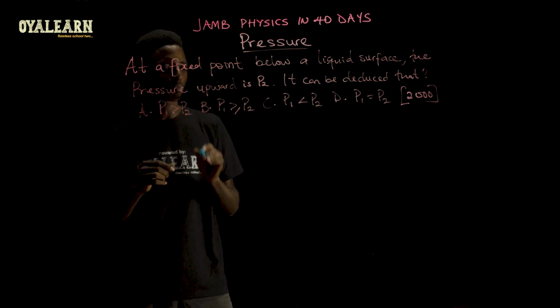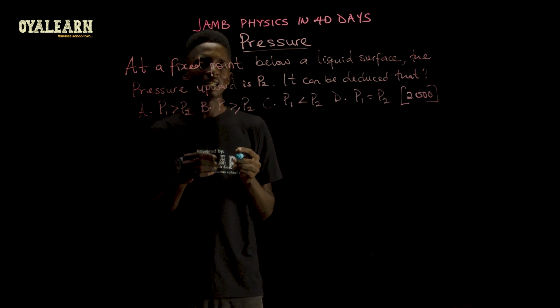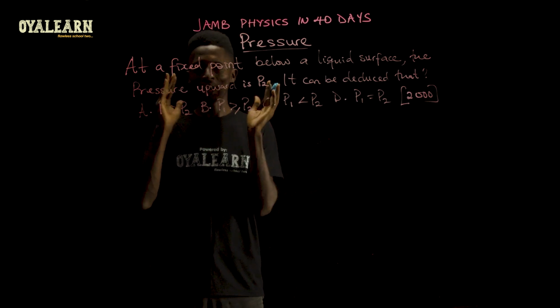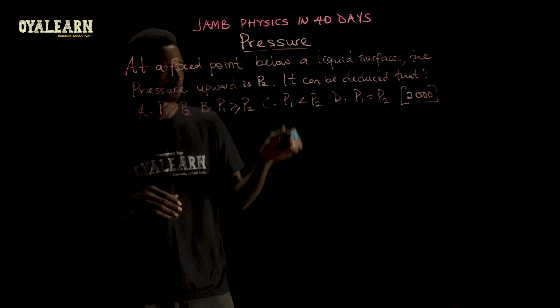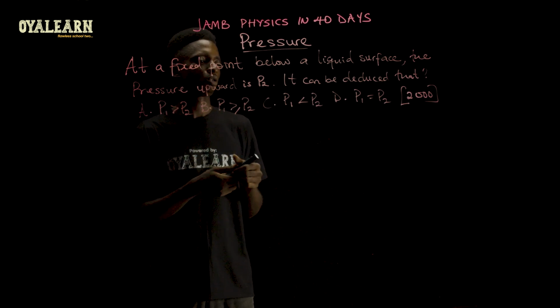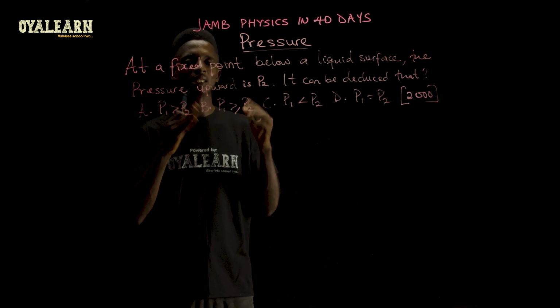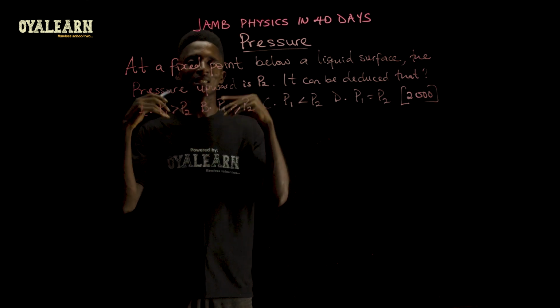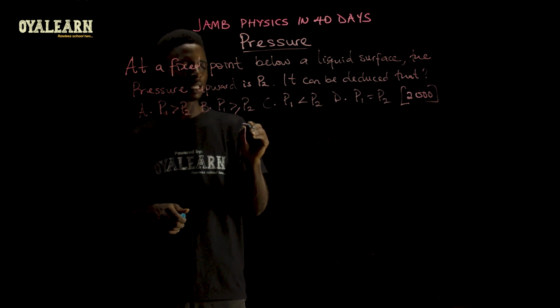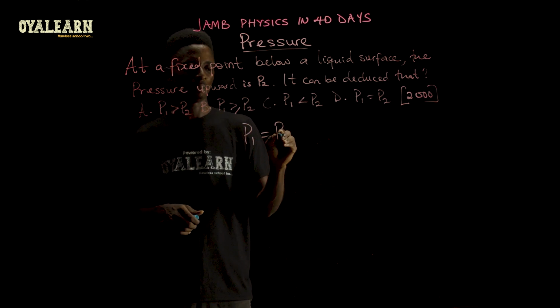At any point within a liquid, the pressure is distributed uniformly. So the pressure at any point you pick will be the same as the pressure at any other point within the same liquid. So P1 should be P2.